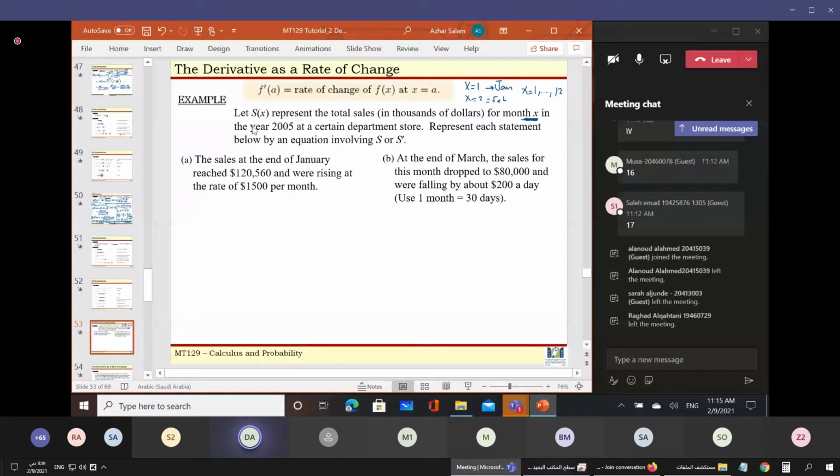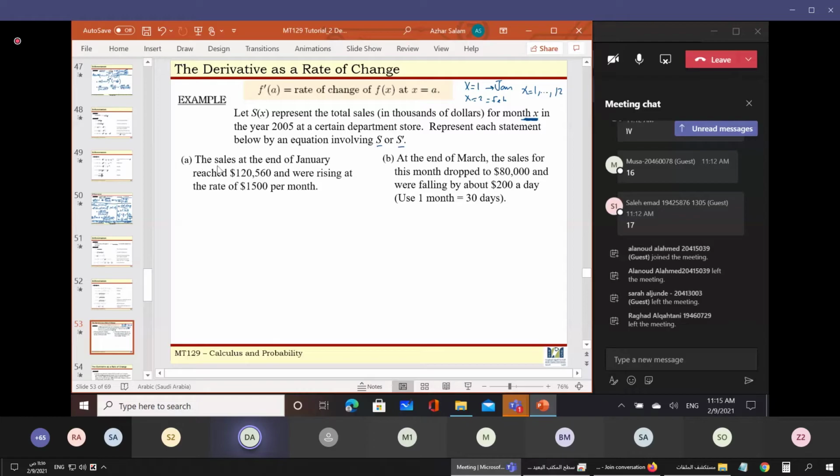So now I have a function S with the variable X, which is the month, in this year, which is 2005, at a certain department store. I have a store, and the sales is represented by this function during a month X. Represent each statement below, A and B, by an equation involving S or S dash or S prime.